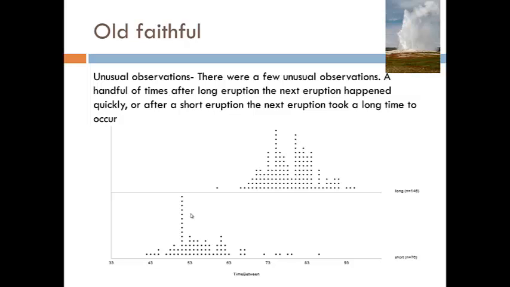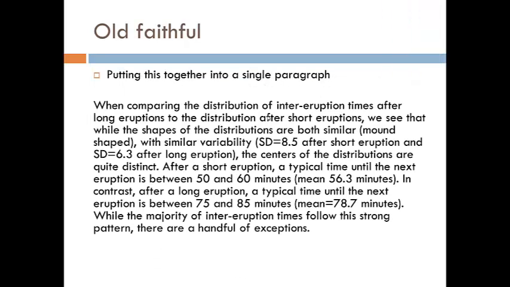On the other side, when we look here at when the prior eruption was short, there are a handful of times where it's more than 1 hour until the next eruption. And so while the length of the prior eruption does a pretty good job of classifying how long it's going to be until the next eruption, it's not perfect. There's still variability within those groups, and in fact, a few unusual observations. So let's put this all together into a single paragraph.